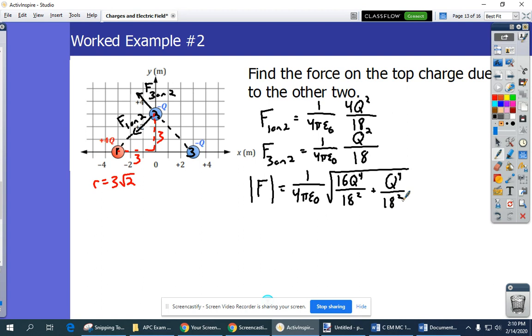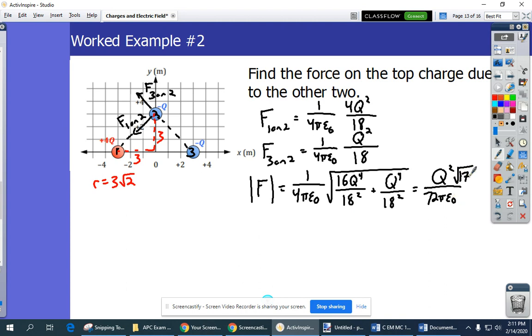So I'm going to get 17q to the 4th over 18 squared, which is to say I'm going to get q squared over, let's see, 18 times 4 is 72, right? I can do that. 72 pi epsilon naught times whatever the square root of 17 is.